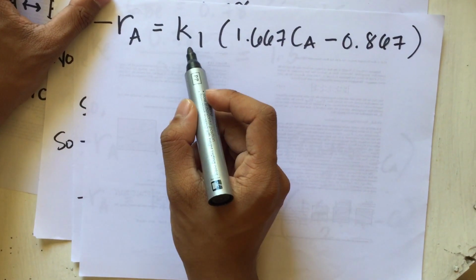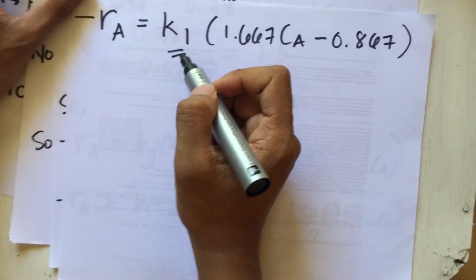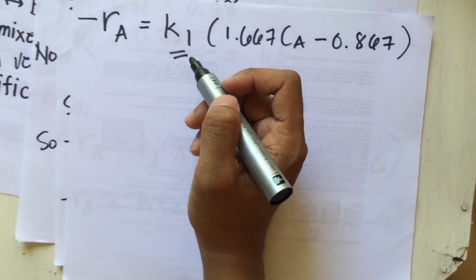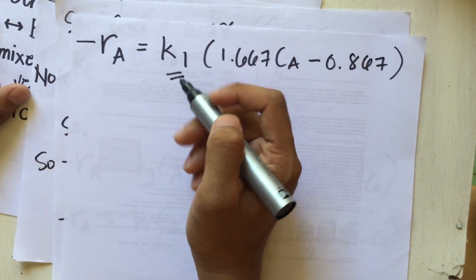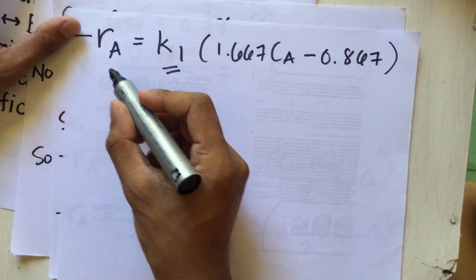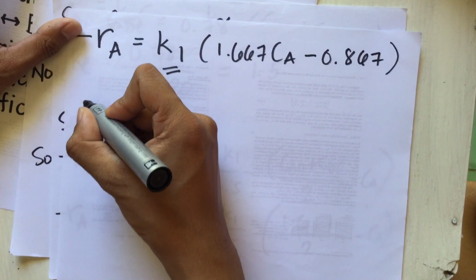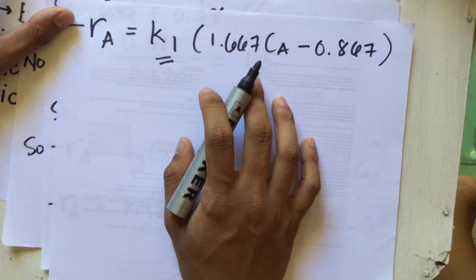So to further solve this, we need to find first K1. How to find K1? We will use our given measurements of CA versus time. So we will graph it and we will use this equation. We will express this in terms of T and CA.